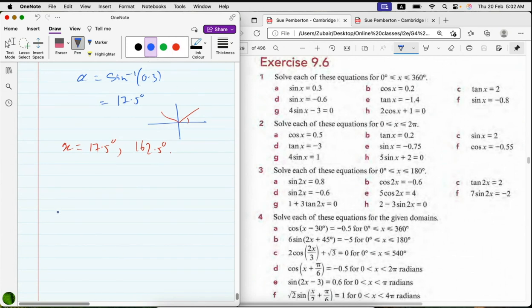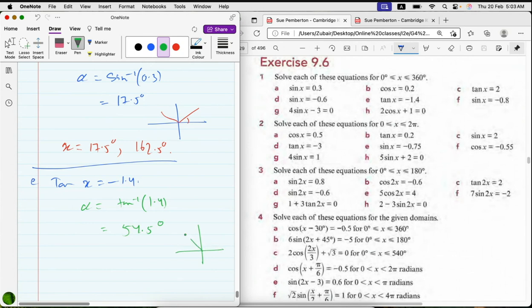If you look at the E part, which is tan x is equal to negative 1.4, the basic angle we calculate using positive numbers only. So shift tan inverse of 1.4 is 54.5, and tan is negative.